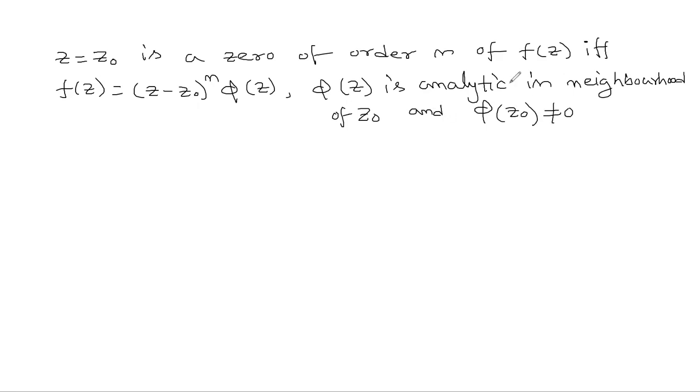So these are the two conditions that have to be satisfied. Then only we can say z0 is a zero of order n.